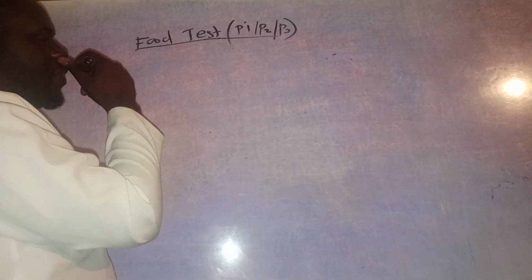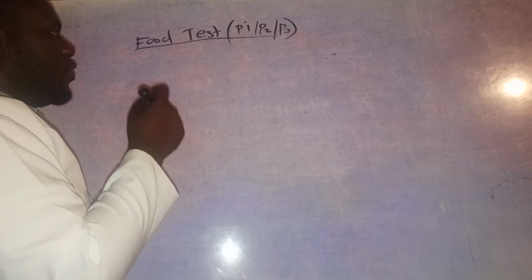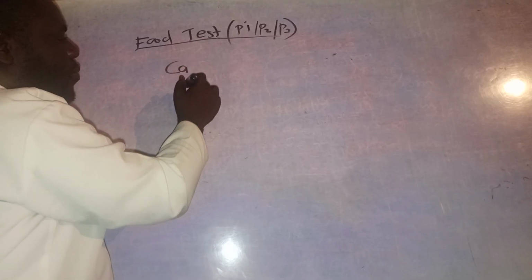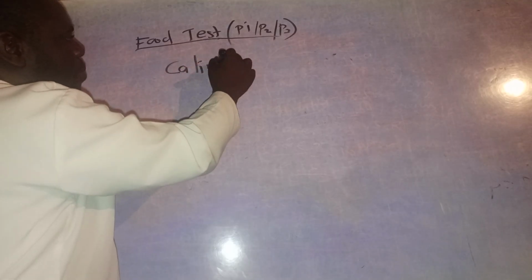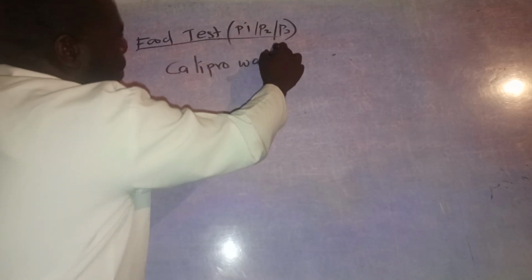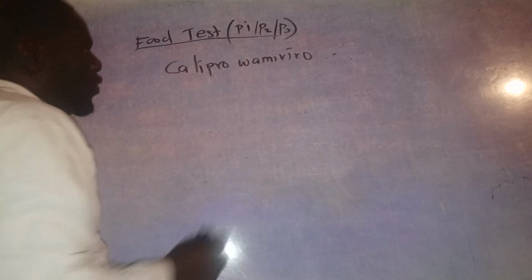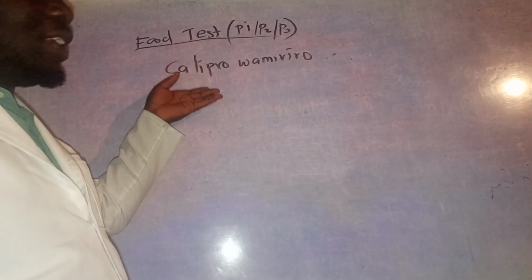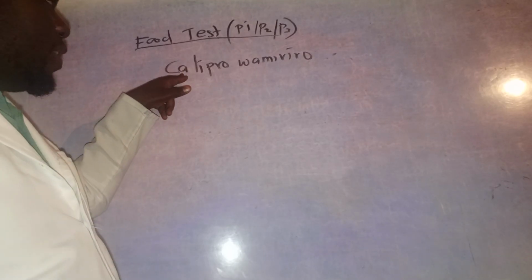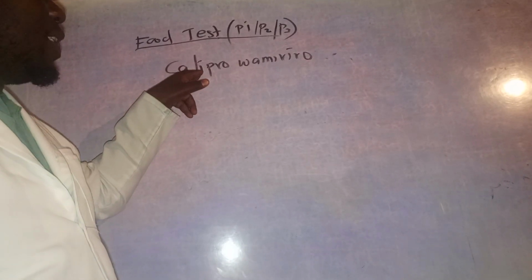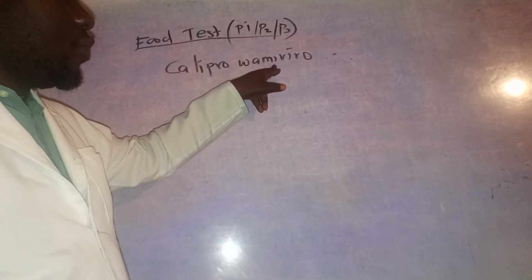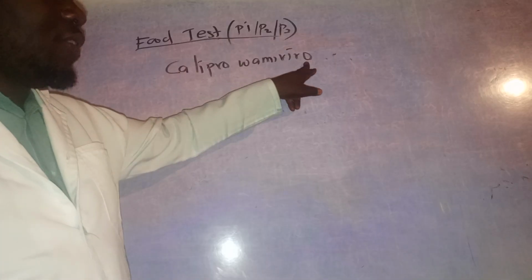We need to know that there are seven classes of nutrients. So for example, we have the name that I use myself to memorize: Caliproviro. This is the way that I use to identify the seven types of nutrients. So the Ca stands for carbohydrates, lipids, proteins, water, mineral salt, vitamins, and roughage.